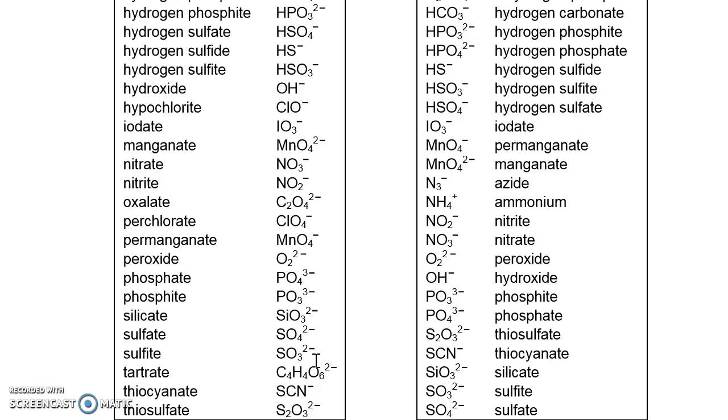Well, we know that ite is 1 less oxygen than ate. So if we've memorized sulfate to be 4 oxygens, then sulfite therefore must be 1 less than 4, which is 3 oxygens. Again, notice that changing from ate to ite does not affect the charge.